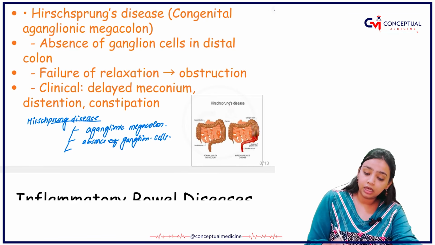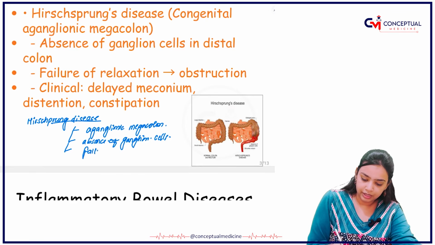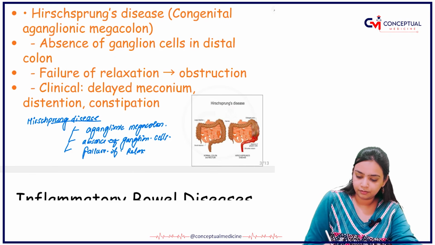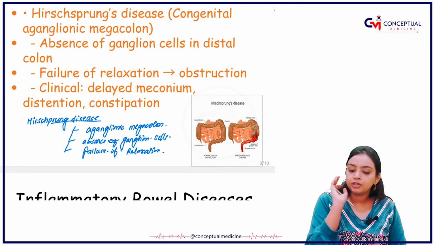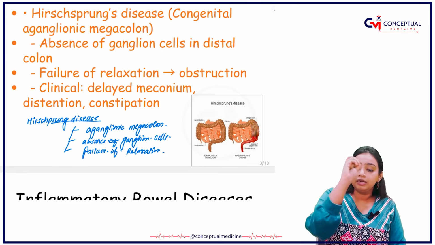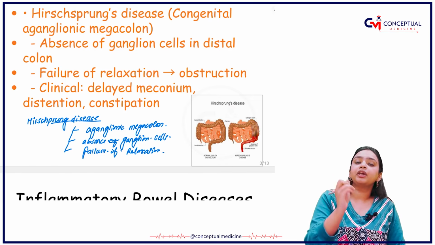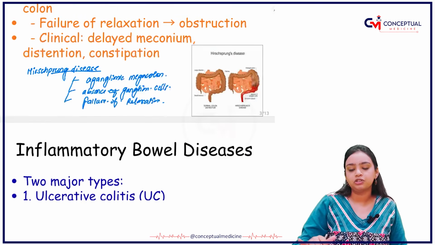Now what will happen? There will be a failure of relaxation, as a result of which the patient will present to you with delayed meconium, distension and constipation. There will be abdominal distension.